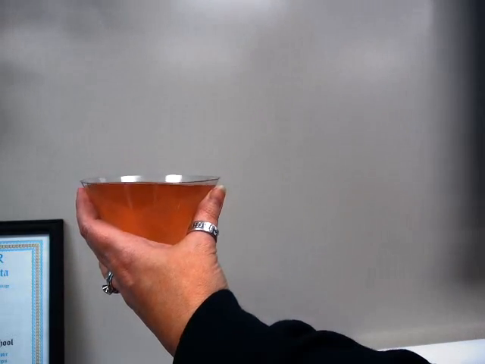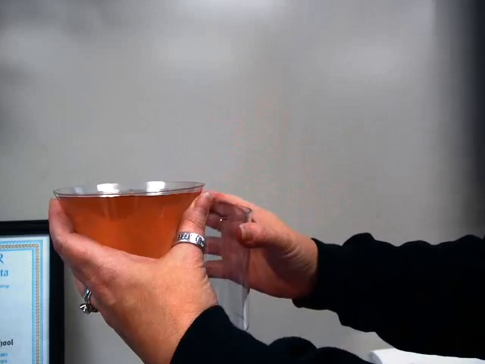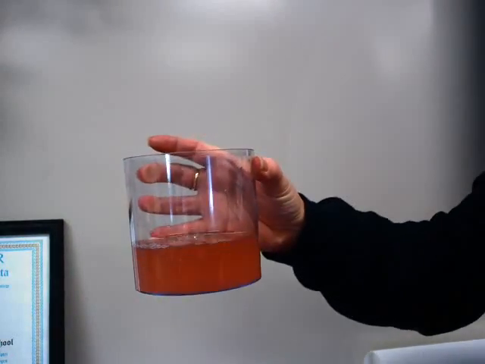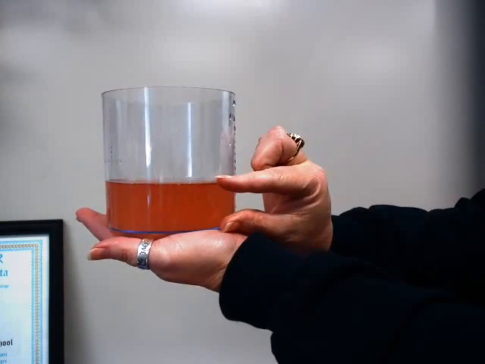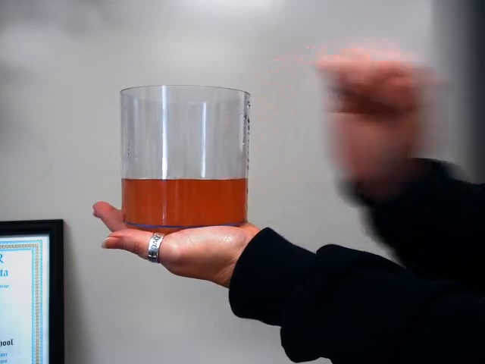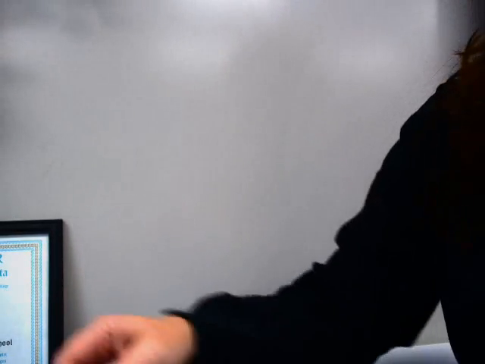And very carefully pour it into my cylinder. If you take a look, it's going to be 1, 2, 3. So it's 1/3 of the cylinder.